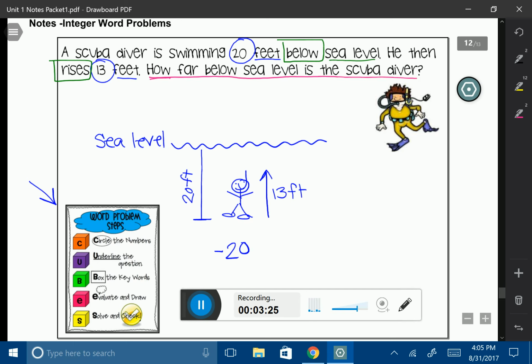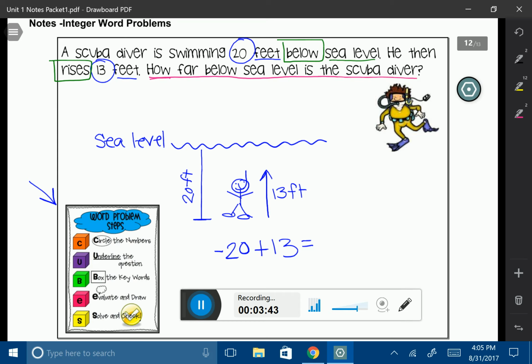So remember, below sea level is negative 20. And if I rise, just like on a number line, I'm going to add 13. So now we evaluated and drew our picture, and it created this nice expression.